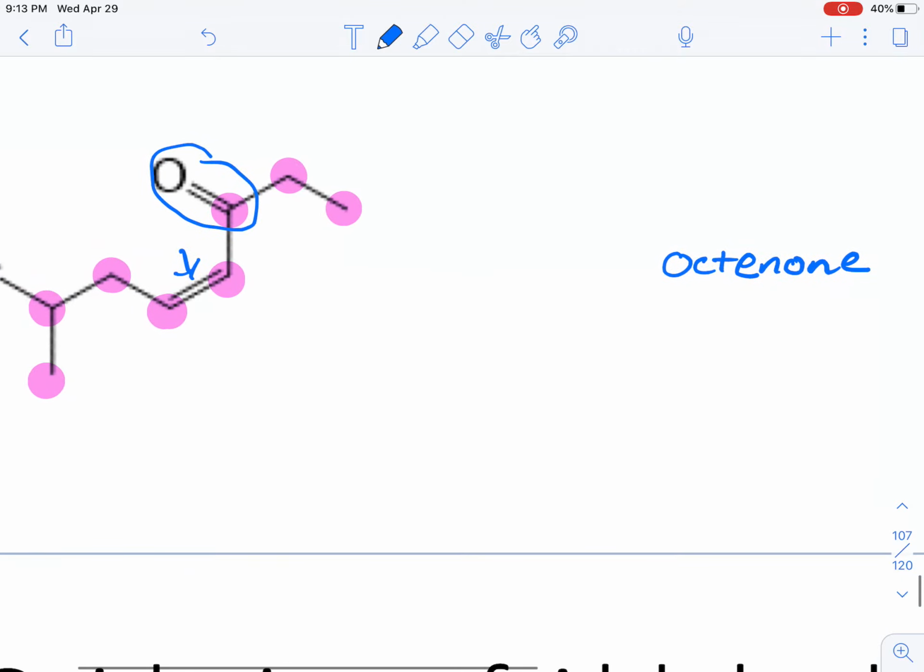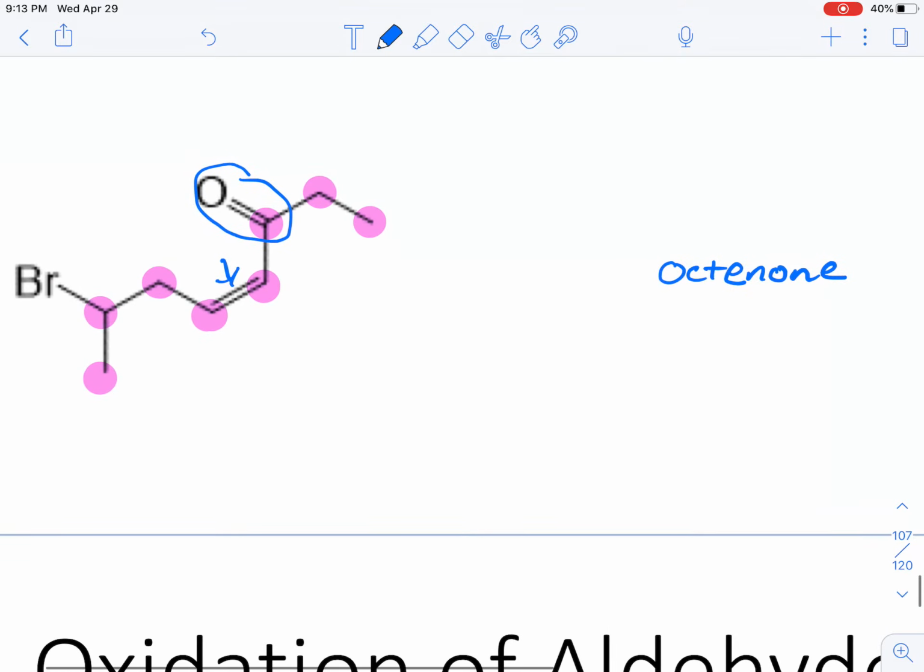Okay? And so I have to tell the reader or my audience what carbon number the carbonyl carbon has, and what carbon number my double bond starts on. So there's two things that I need to communicate to my reader. The position of the double bond, and the position of the ketone.